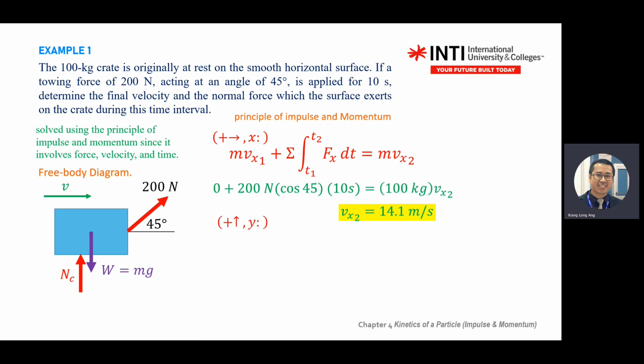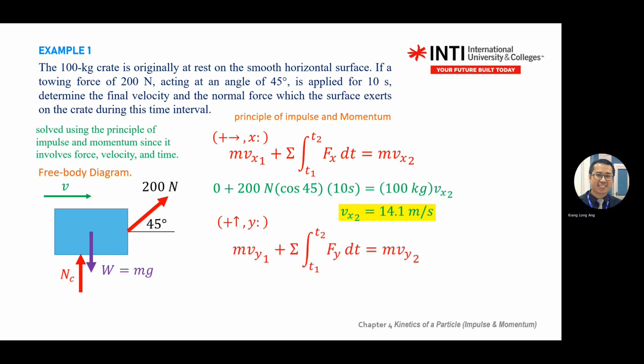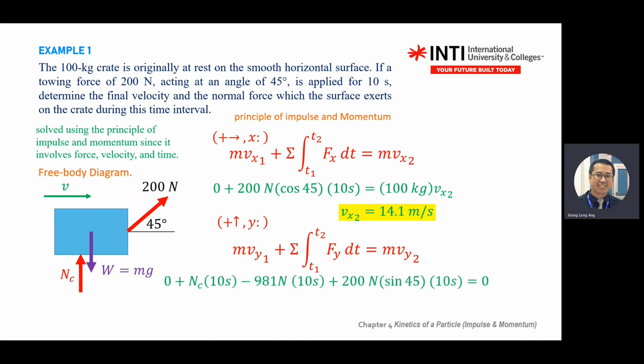So what about y? Y goes up, right? It's still the same equation, only you change the principle of linear impulse and momentum into the y direction. What is Vy1 in this case? 0. Then Fy is 200 sin 45, right?